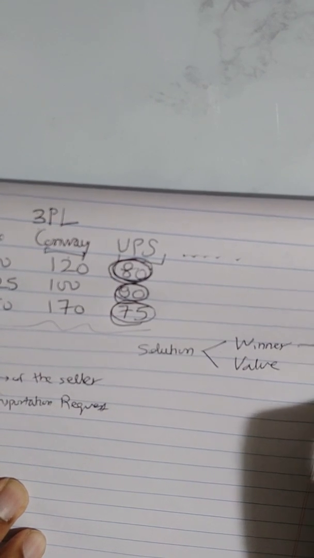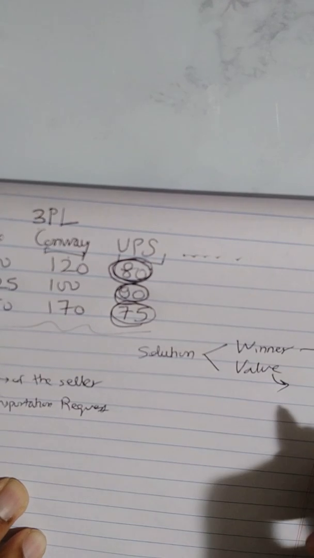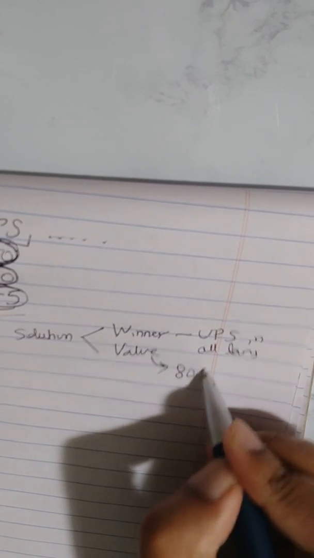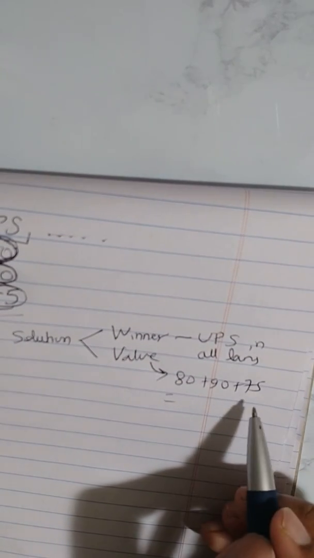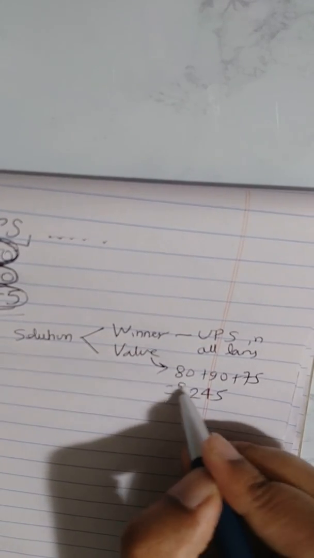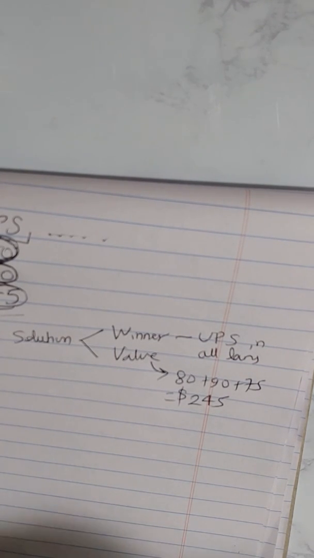Okay, and the value of the auction is 80 plus 90 plus 75. So that's 170 plus 75, so that's $245,000 or $245, depending on what the units were.